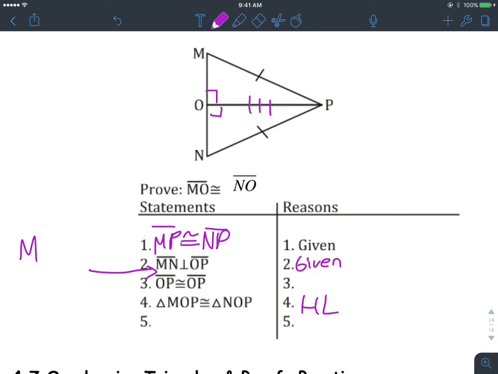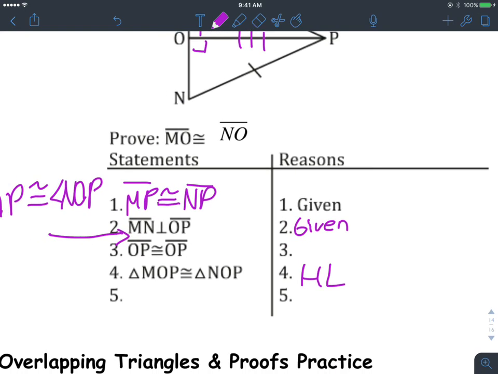So I've seen some teachers put that in, like angle MOP is congruent to angle NOP. All right, and then say something about definition, all right angles congruent and that stuff. If you're in pre-AP, they add a lot more steps there that you need to look out for. So anyways, you also have OP is congruent to OP. That'd be reflexive.